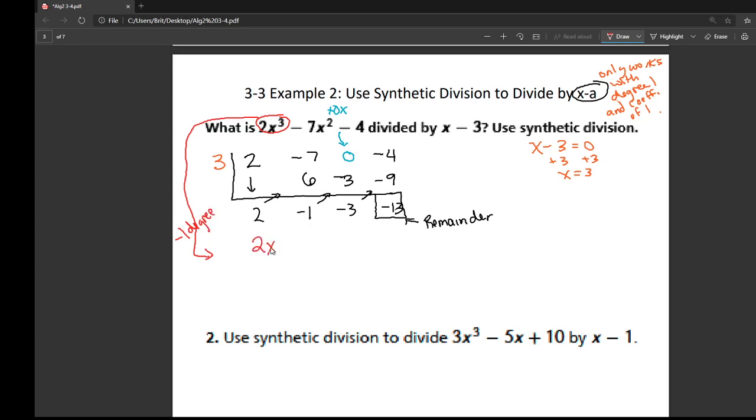So it's going to be 2x squared. And then I just go down 1 by 1. So minus 1x and then minus 3. And then this remainder, remember I put the remainder as a fraction here at the end. So minus 13 over x minus 3.